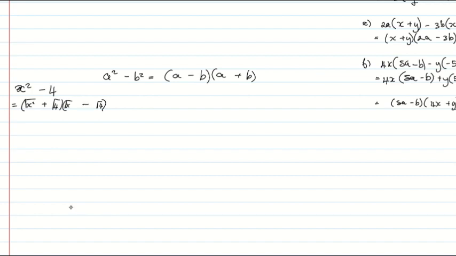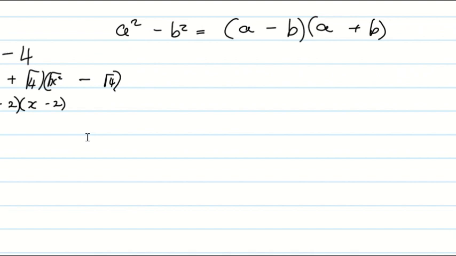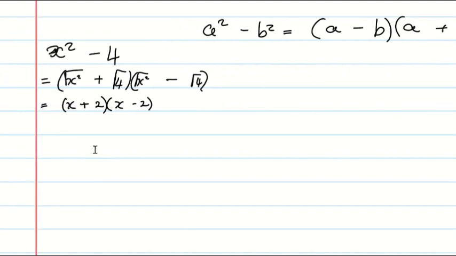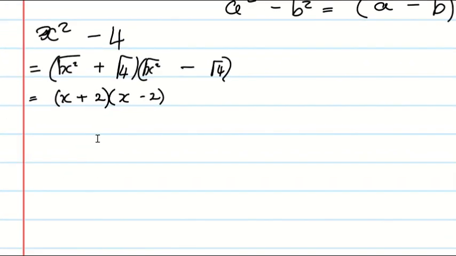Then I simplify these, and I get my answer: x plus 2 and x minus 2. There's my answer. Now you could have gone from the first step to the final answer, but I just want you to see that step and where it is actually coming from.